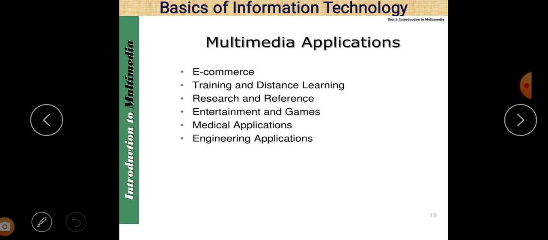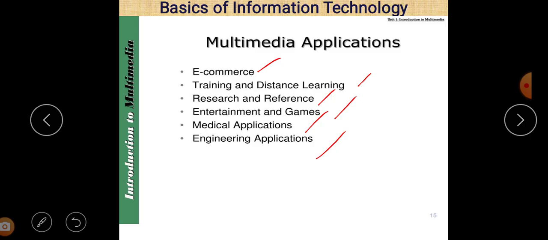These are some applications of multimedia also in the field of e-commerce. We use multimedia applications in training and distance learning. In research and reference also multimedia applications are used. Multimedia applications are used in entertainment and games, in medical applications, as well as in engineering applications.